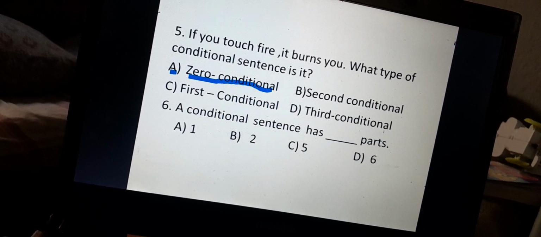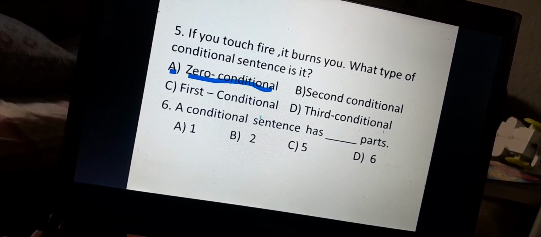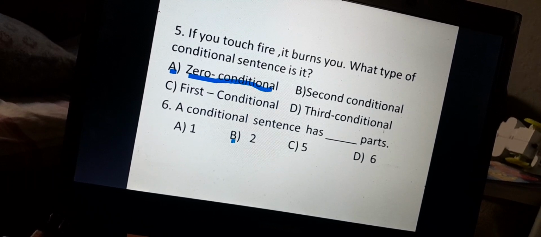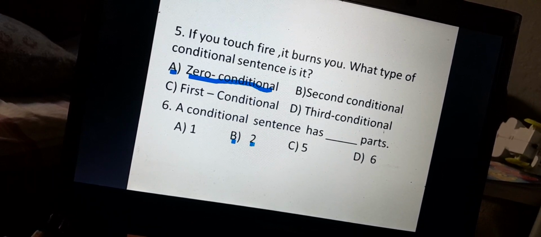A1, B2, C5, D6. If you responded by saying 2, you are correct, and I appreciate your response.